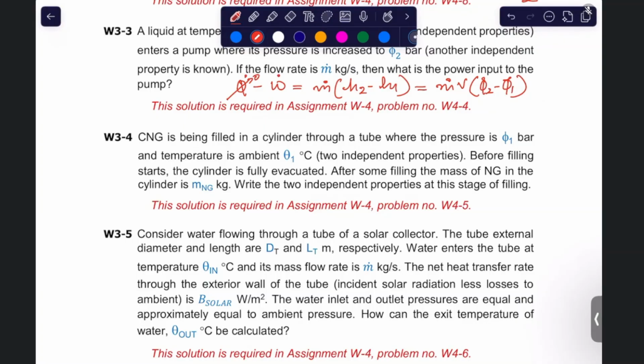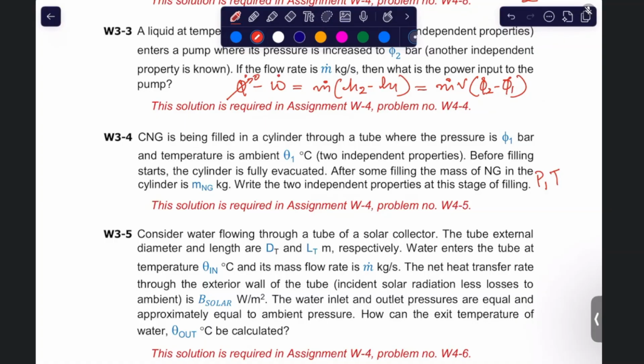the state of the cylinder, or the properties inside the cylinder, we can say are pressure and temperature. Because the gas comes from a compressed state, you are pouring it into the cylinder, and that is going to expand a bit.